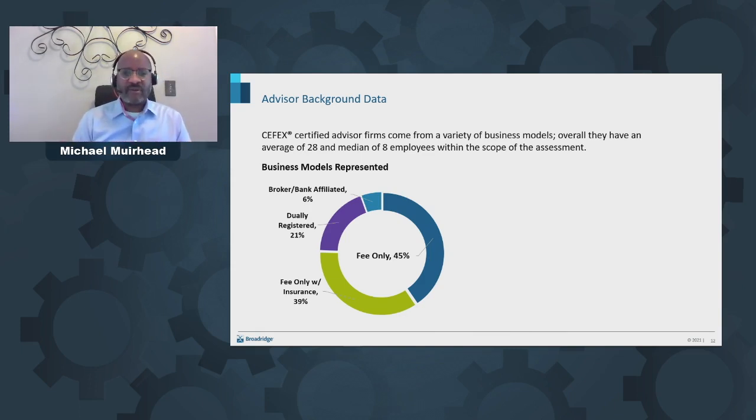About 39% come from firms that are independent firms, but also do some insurance business. Just about 1/5, or 21%, are dually registered firms that can collect both commission and fees, and about 6% are made up of bank or broker affiliated organizations.